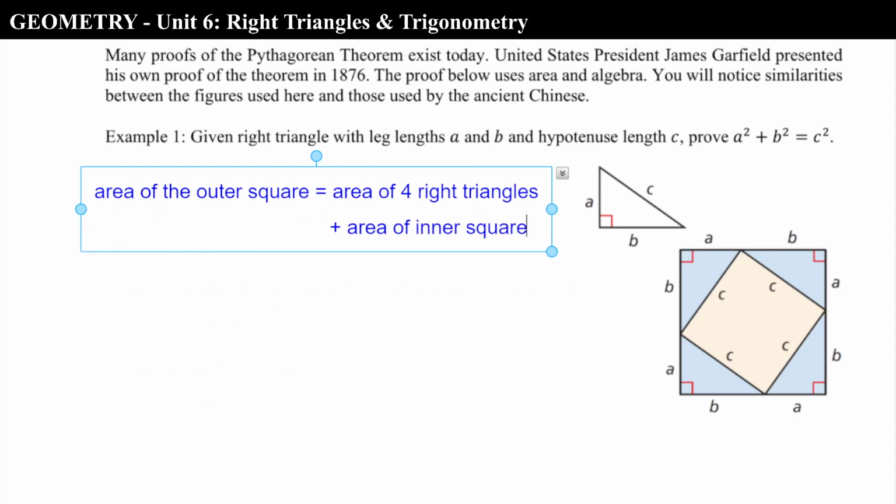Okay? So, what is the area of the outer square? Well, we know that the area of a square is length times width, or the side squared, because the length and the width are the same thing. So we've got A plus B times A plus B, which is (A plus B) squared.